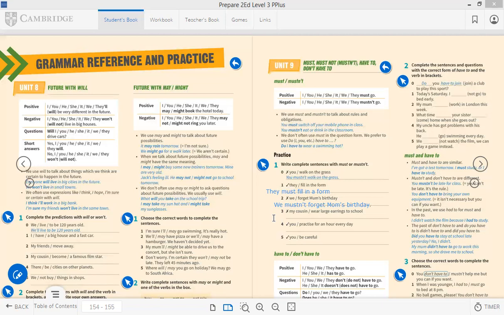My cousin mustn't wear large earrings to school.